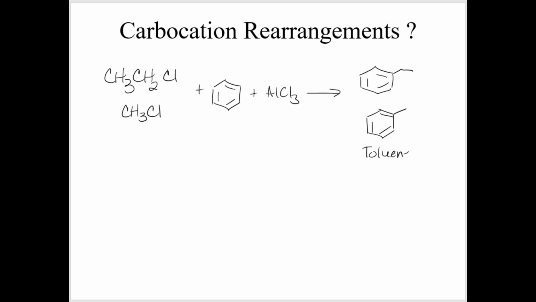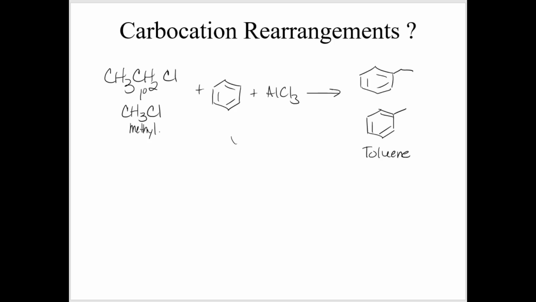The common name of methyl benzene is toluene. So can I do this reaction despite the fact that there's no possibility of rearrangement? And this is a primary system, and this is even worse in terms of being a methyl system.